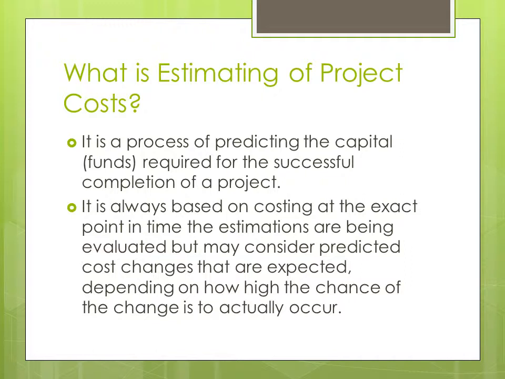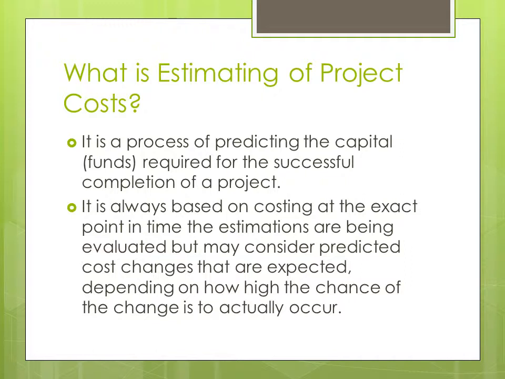It is always based on the costing at the exact point in time the estimations are being evaluated, but may also consider predicted cost changes that are expected depending on how high the chance of that change is likely to occur.